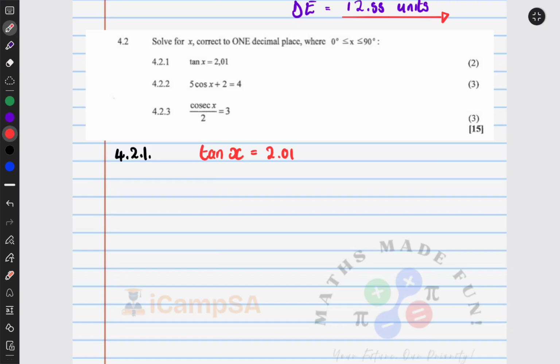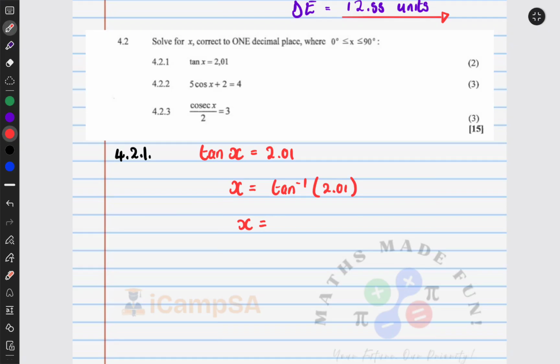So to solve for x on the first question, we have to take the tangent to the other side. So we're going to be left with x is equal to tan inverse of 2.01. Therefore x, we have to punch this in the calculator. You say shift tan to have tan inverse, or you use the second function on the other calculators.